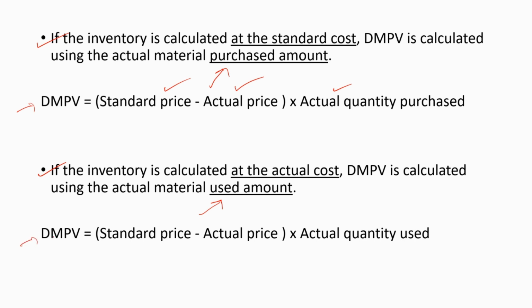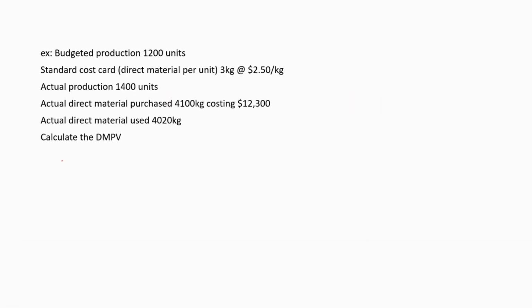So for that, we can use this equation. The difference between the standard price and the actual price multiplied by the actual quantity used. Now let's do the same example as before and calculate the direct material price variance when the inventory is valued at the actual cost. This is equal to standard price minus actual price multiplied by the actual quantity used.